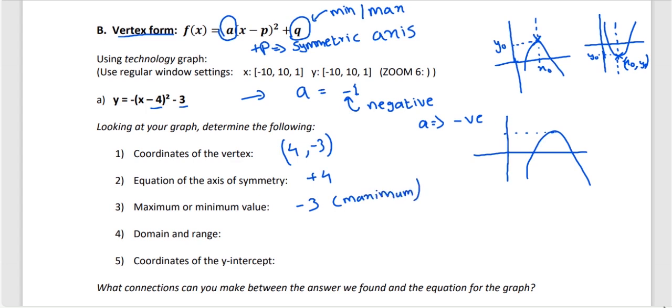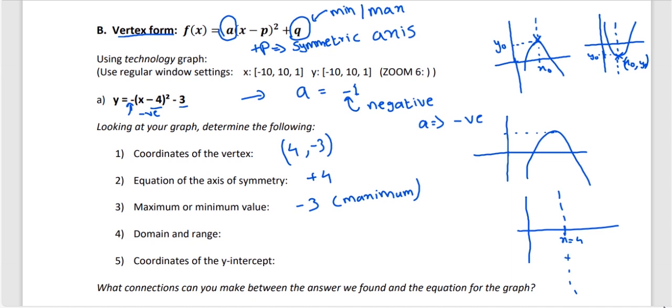Okay. If I sketch this graph, I will get this kind of graph. Since the axis of symmetry is the positive of this one, it means +4. So when x is equal to 4, this will be your axis of symmetry, and you are looking at this sign. Since this is a negative sign, this will be a maximum curve, and the maximum point is -3.